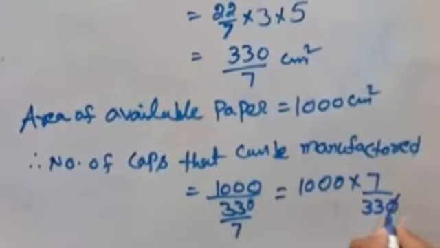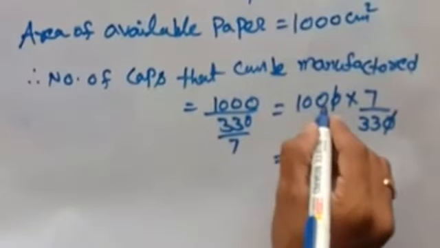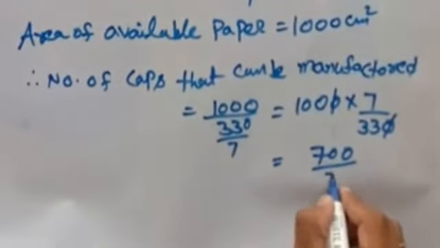We can cancel 0 and 0, that implies 100 into 7, 700 by 33.